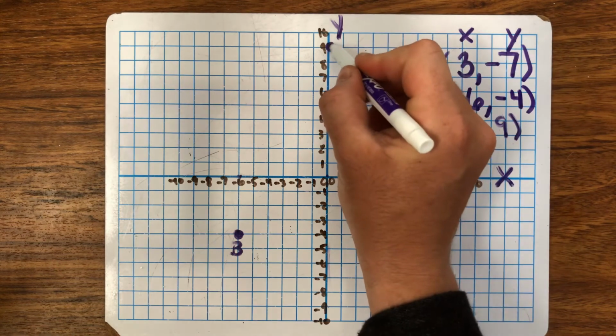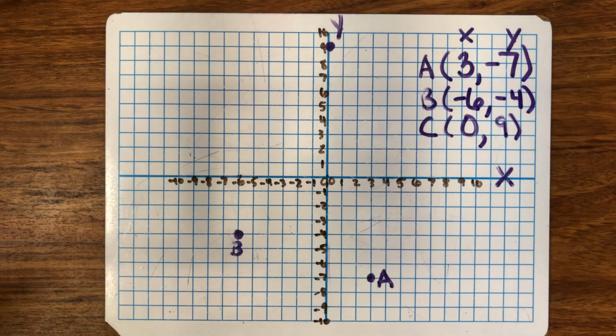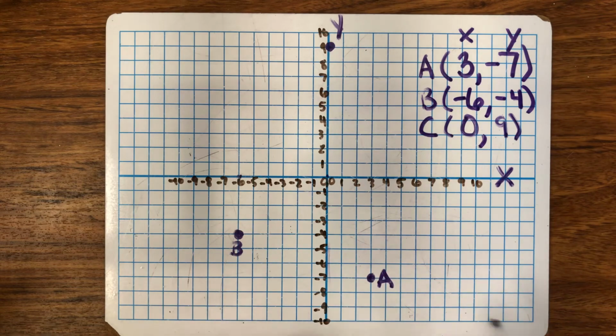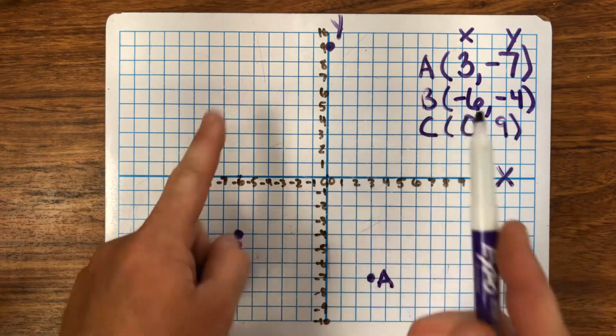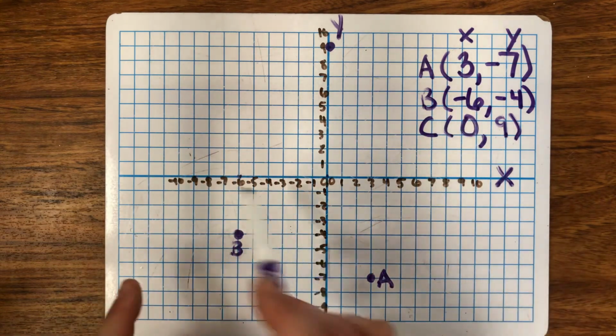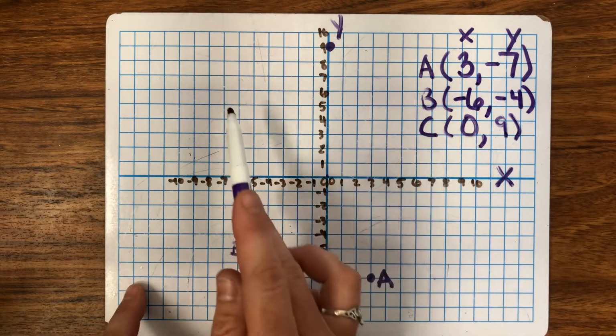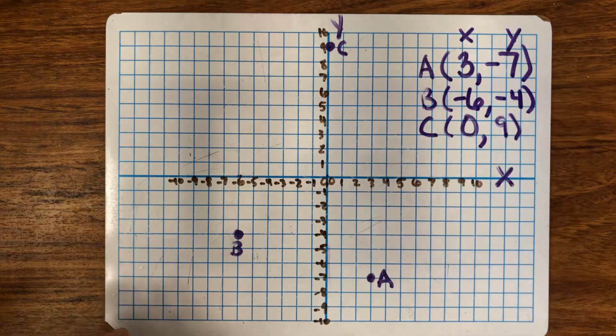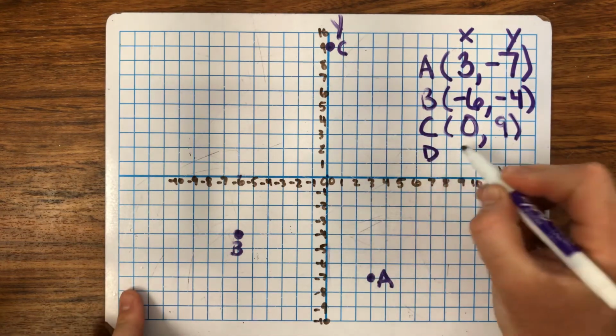Now, if you were to say, Well, Miss Rothstein, what quadrant is this point in if it's on the y-axis? Well, that would just mean it's between two different quadrants. It's between quadrant 1 and quadrant 2. So it's technically considered in both of them.